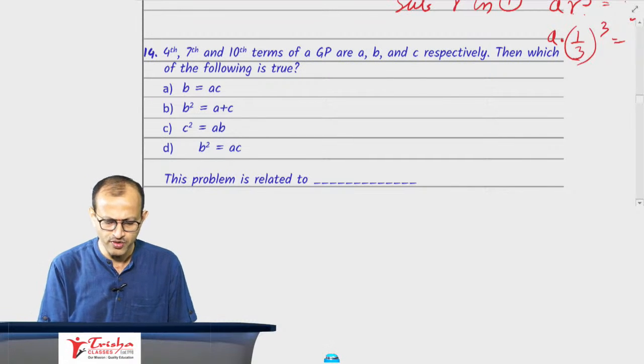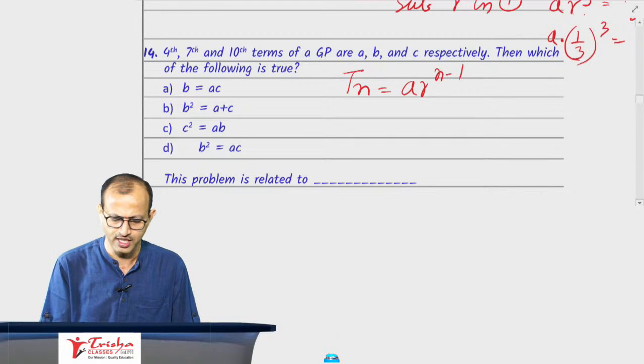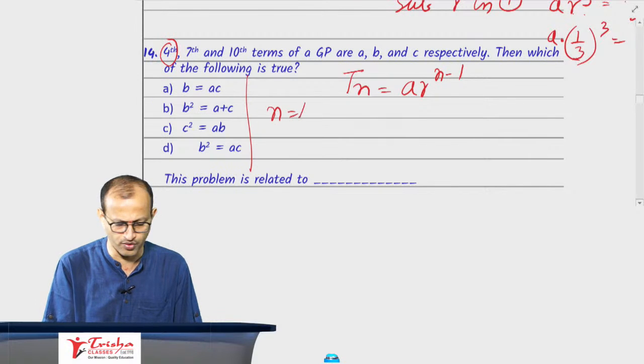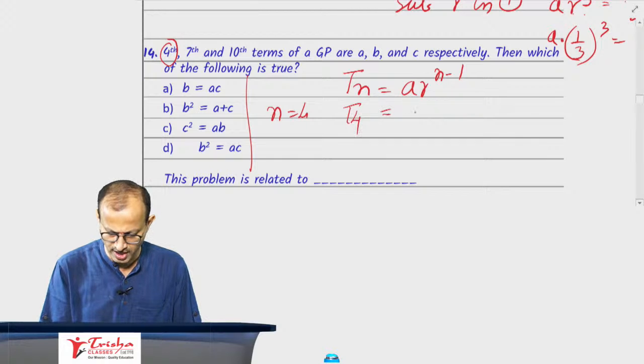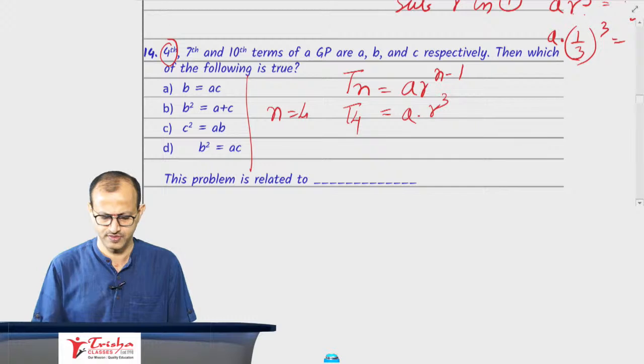So what we will do, this is again a formula on term. You write along with me, Tn is equal to A r to the power n minus 1. First they tell the 4th term, n is equal to 4. I will write T4 = A r to the power 4 minus 1, that is 3.